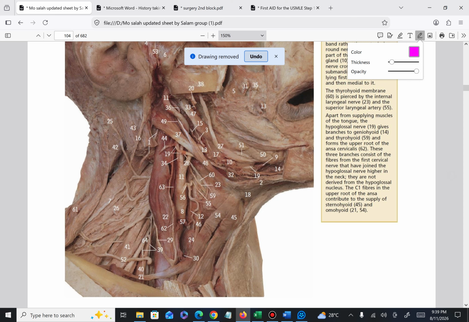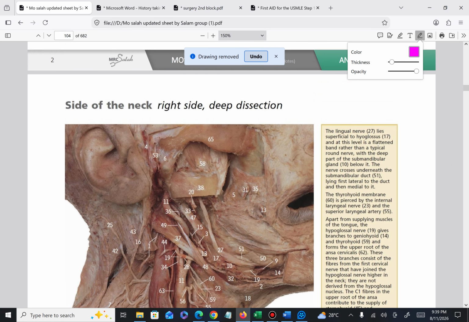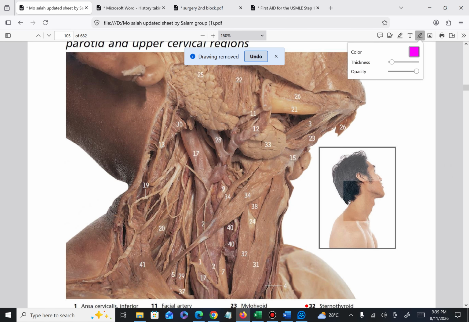The main content of the submandibular triangle is the submandibular gland. On number 10, this structure is the deeper part of the submandibular gland. You can see this one on number 33, this is the submandibular gland.